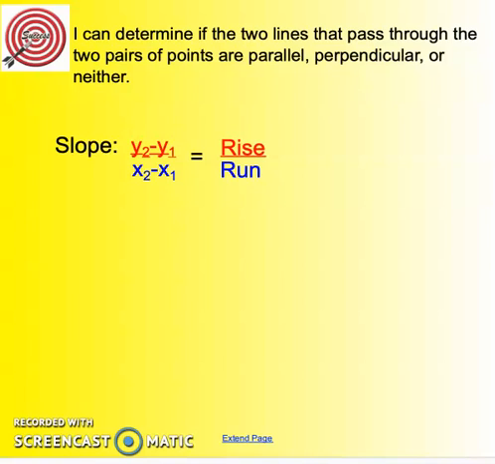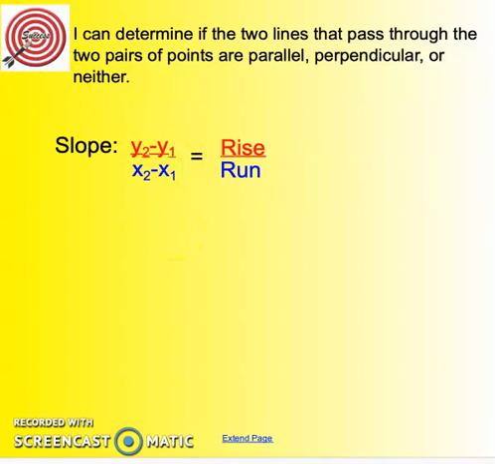In our past unit on slope, we learned that slope is rise over run. If we find the rate of change in our y-coordinates as well as our x-coordinates, then we can find our rise and our run. So here's our formula for slope: y2 minus y1, all over x2 minus x1.